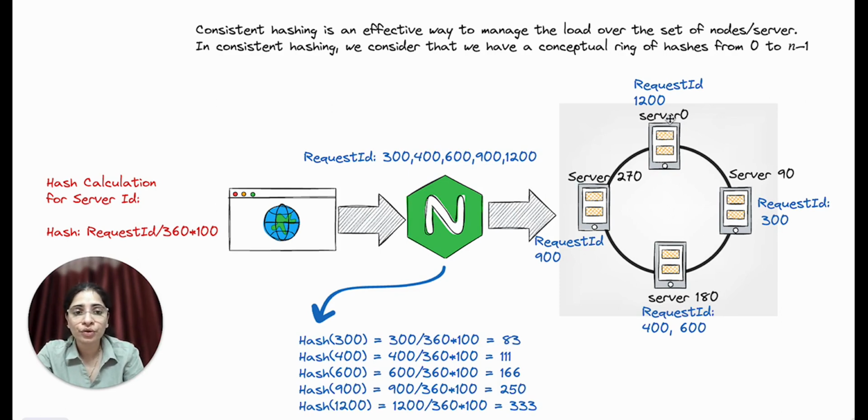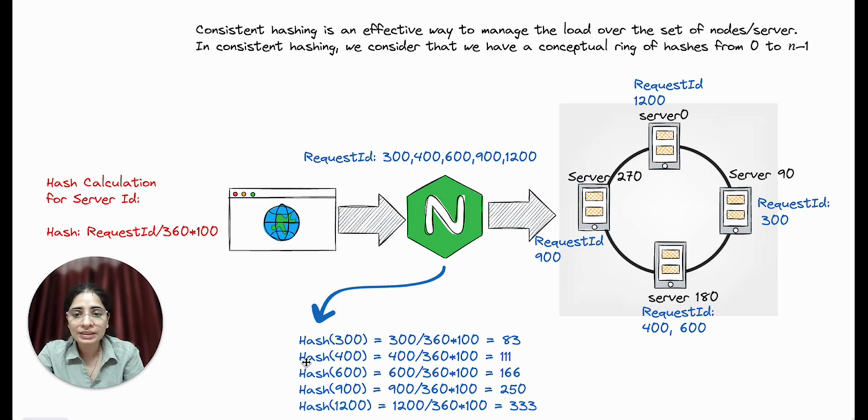Instead of going to a server named 83, it will note that 83 is in between 0 and 90, somewhere here. Instead of looking for the exact server number, it will just go to the next immediate server in the clockwise direction, which in our case is server number 90. So server 90 will get the request with request ID 300.